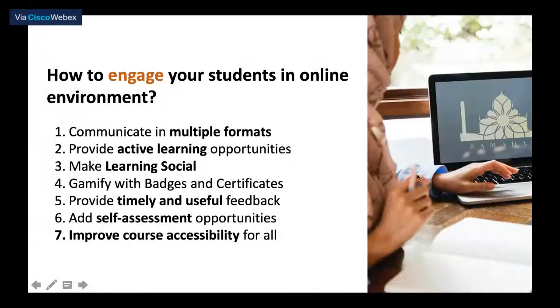Alright, so how to engage your students in an online environment? First, you need to communicate. Sometimes lecturers do not give the students their WhatsApp number, because late at night, they will contact you and ask questions. All right. But try to give them multiple formats of communication.